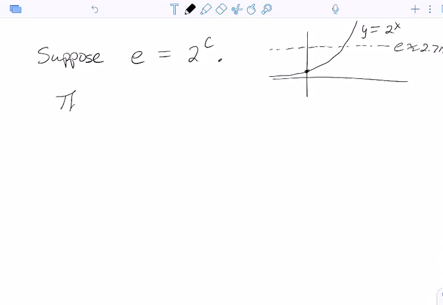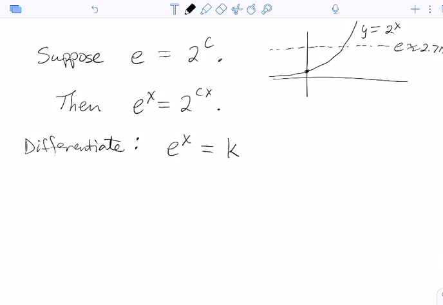So if e is 2 to the c, then e to the x is 2 to the cx, just raising both sides to the exponent of x. Now we're going to differentiate. On the left, we already saw that we had e to the x. And on the right, we have the constant, I'll call it k, times c times 2 to the cx. And this c here is coming out because of the chain rule from the cx exponent.